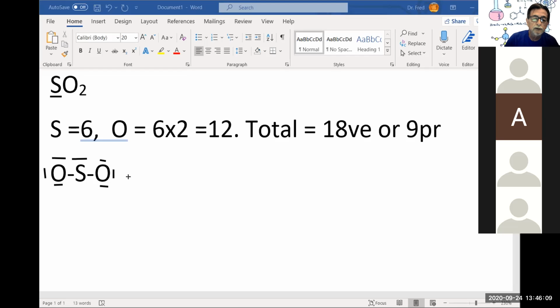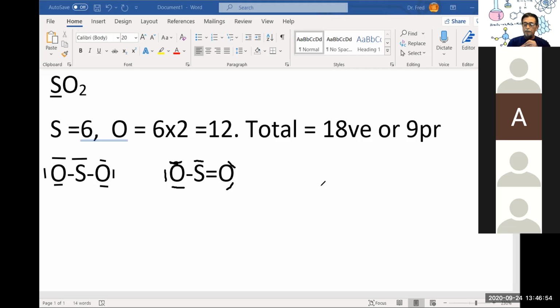Let me draw this: the sulfur, make it a double bond, and then the oxygen, and then I put the lone pairs back on the oxygens. 1, 2, 3, 4, 5, 6, 7, 8, 9.